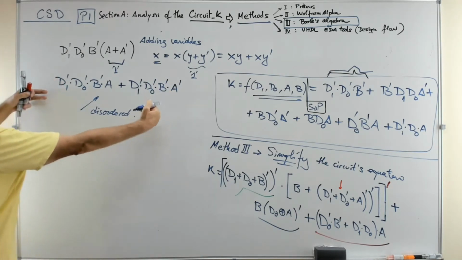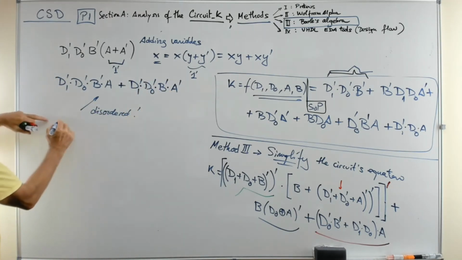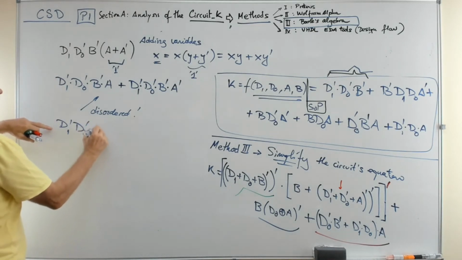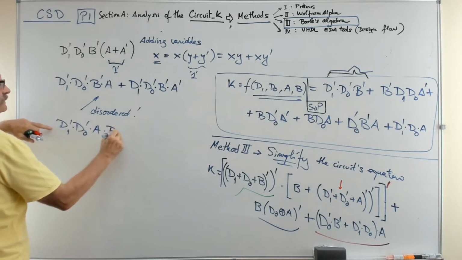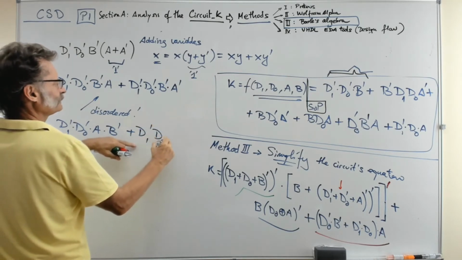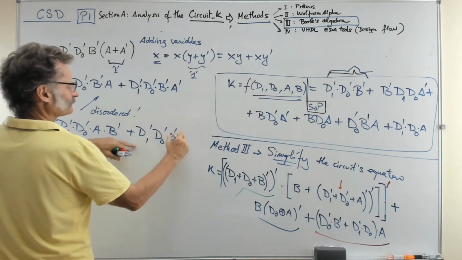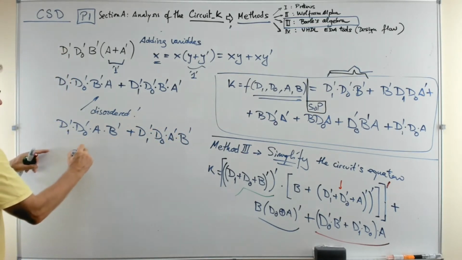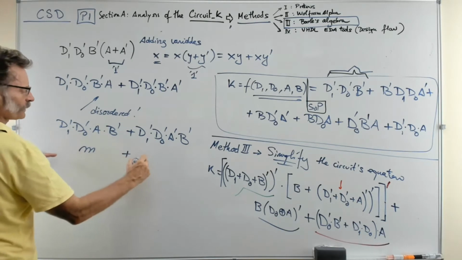The max term is now when you order the variables. So this is going to be D1 not, D0 not, A and B not. This one and the other one, which is D1 not, D0 not, A not, and B not.